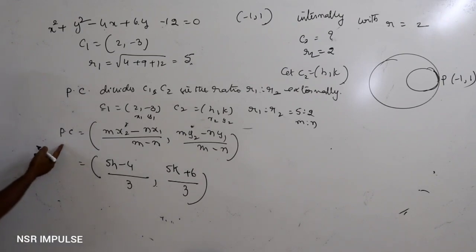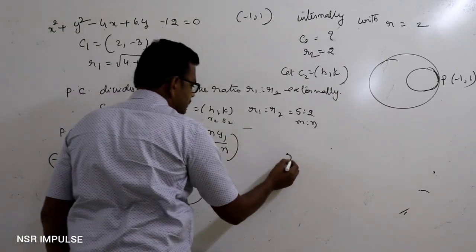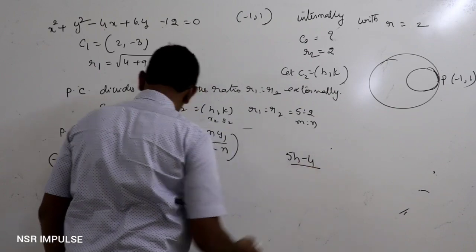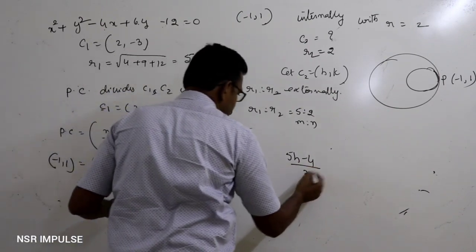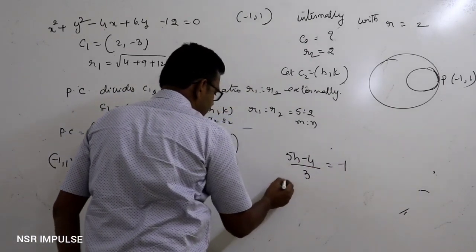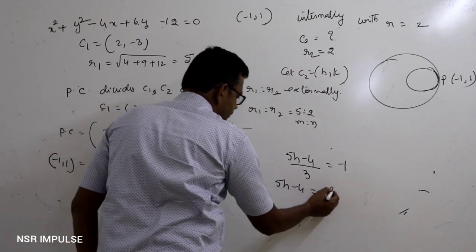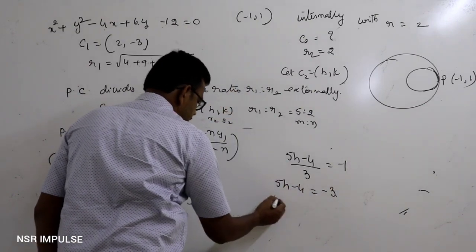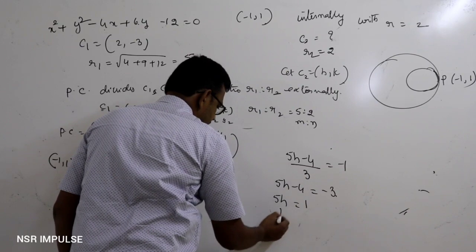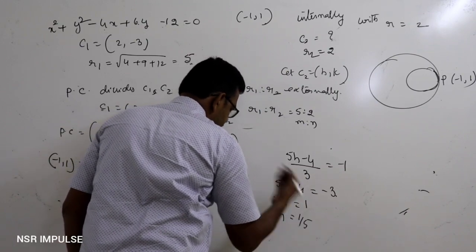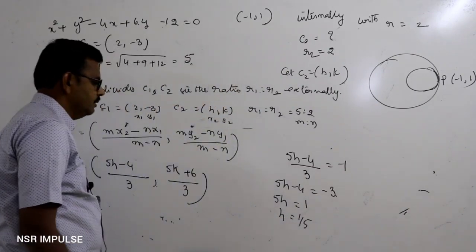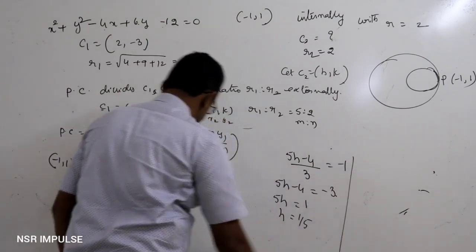And the point of contact is already given, minus 1 comma 1. Therefore, 5h minus 4 by 3 is equal to minus 1. 5h minus 4 equal to minus 3. 5h is equal to 1. h equal to 1 by 5.